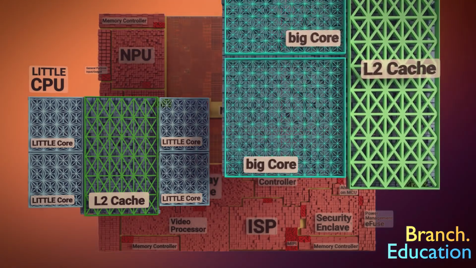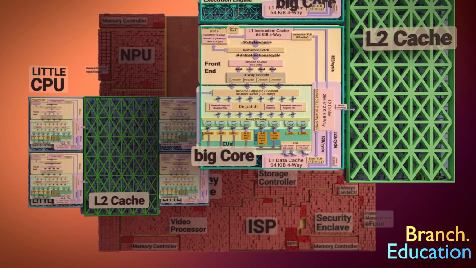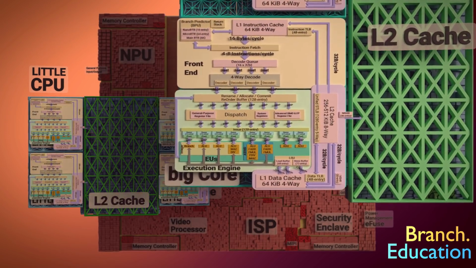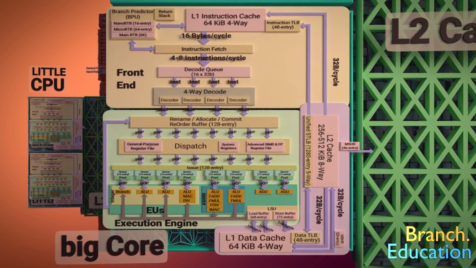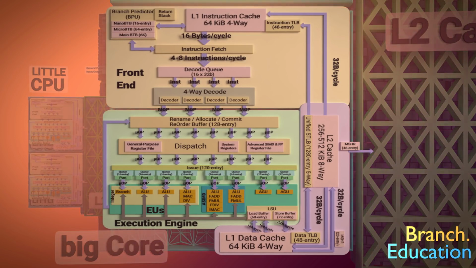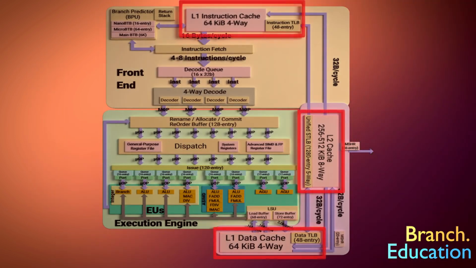If we focus on just one of these cores, we can see that inside it there is another incredibly complex set of blocks that depict the different functional sections and the data flow between them. There is a ton of information in this block diagram, and we're planning on making an entire series to explain it all. But for now, here are the CPU's memory caches.